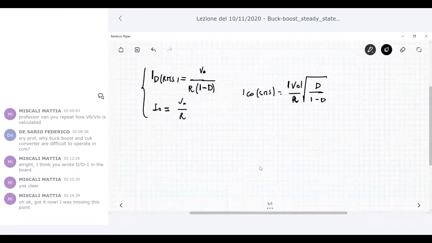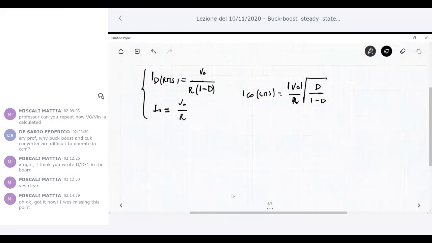Okay, so this is what happens in CCM. As you have seen, this kind of computation is basically always the same. There are no differences.